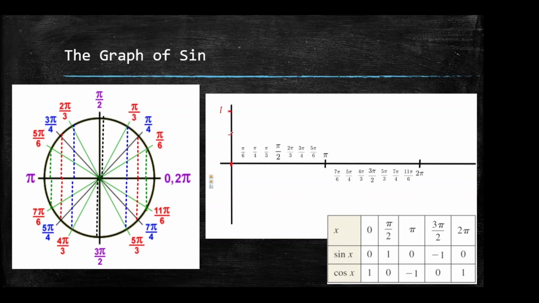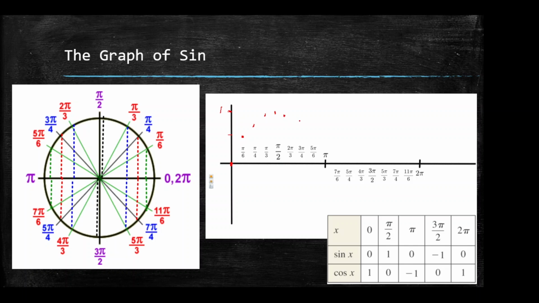So 1/2 is right about here. Pi over 4, I'm at radical 2 over 2, which is about 0.7. And then 60 degrees, I'm at radical 3 over 2, which is about 0.8. And then we know we're at 1 for pi over 2. And then the whole thing just starts going back down again.